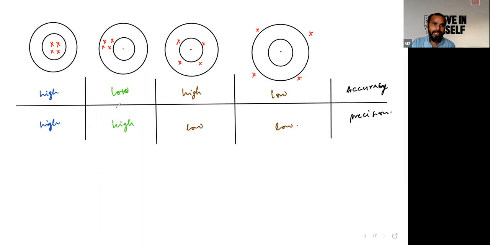If you compare accuracy and precision, they are more closer within themselves as compared to the centermost part, so we can say they have high precision but low accuracy. But in this example, they are more closer to the centralmost part as compared to within themselves, so they are not closer to one another. They would have low precision, but they are closer to the centralmost part, which means they have high accuracy.